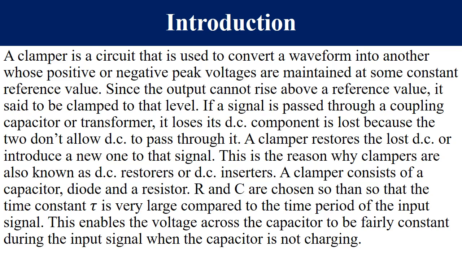This enables the voltage across the capacitor to remain almost constant when the input is being fed, and also when the capacitor is not charging. In other words, when the capacitor is discharging, the voltage across it must remain fairly constant. That basically is what we mean by a clamper circuit.